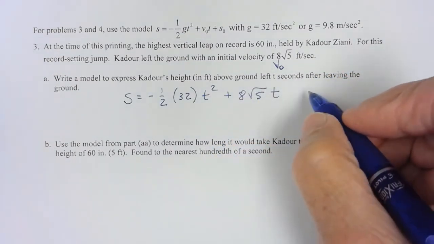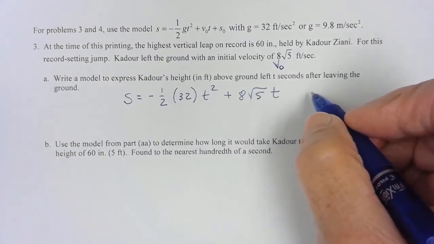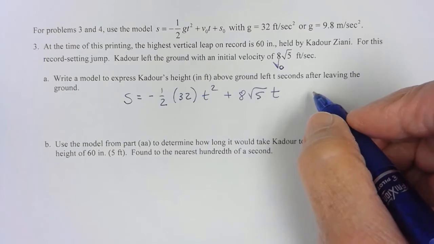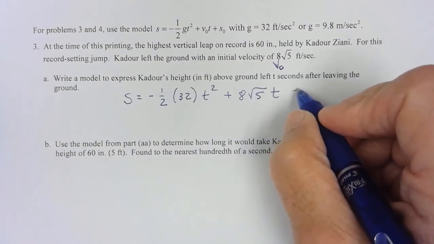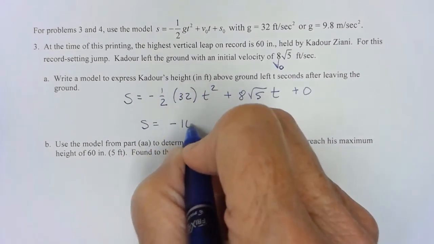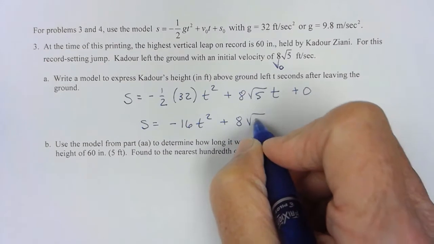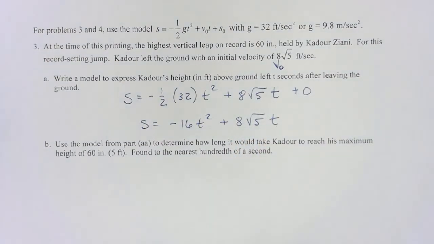Now the s sub 0, he's on the ground, so technically he's 0 feet above ground level. So this would be 0. Let me clean this up a bit. So that would be my model.